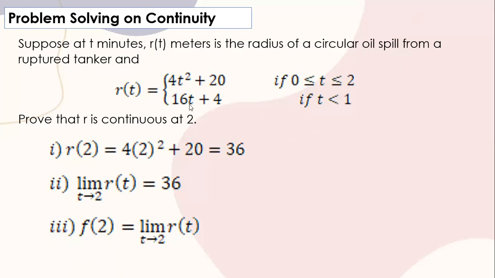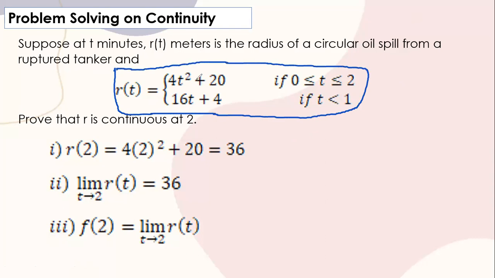Okay, and r of t is equal to 4t squared. We have a piecewise function here. So 4t squared plus 20 if t is between 0 and 2. So if t is less than 1 naman, we have 16t plus 4. Okay, so we'll be testing the continuity at x is equal to 2.